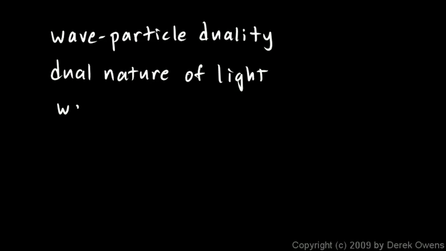And sometimes you see the word wavicle, which is just them trying to make a clever combination of the word wave and particle. That's not really common, just more of a catchy term. But scientists have accepted this fact that light behaves as both a particle and a wave. And in some experiments, the particle nature is more clearly seen, and in other experiments, the wave nature of light is more clearly seen.